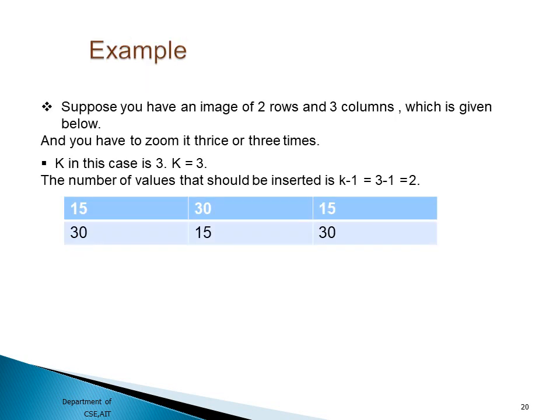You can look at one example over here. I have an image consisting of 2 rows and 3 columns, and I want to zoom it 3 times, thrice. So the k value will be 3. If the k value is 3, in between 2 rows and in between 2 columns, the number of values that can be inserted is k minus 1.